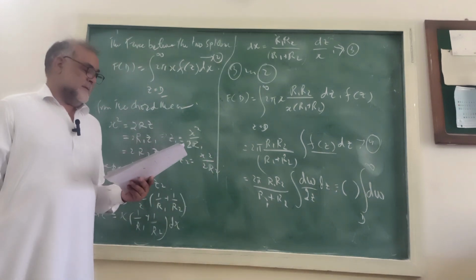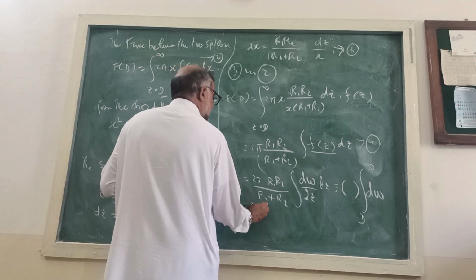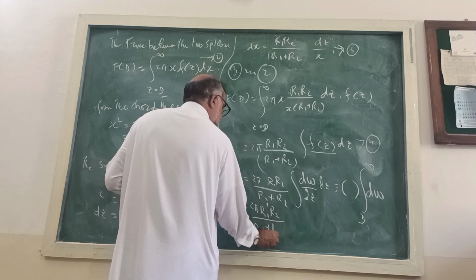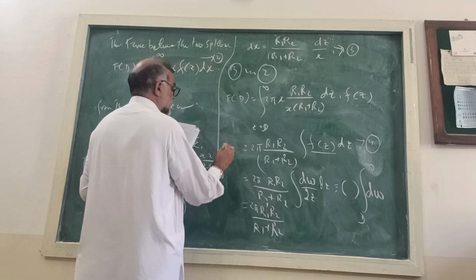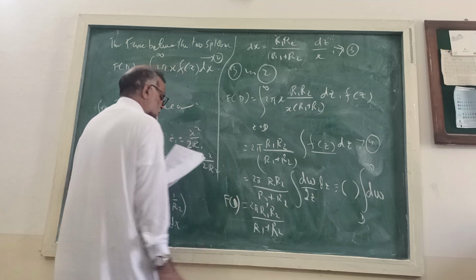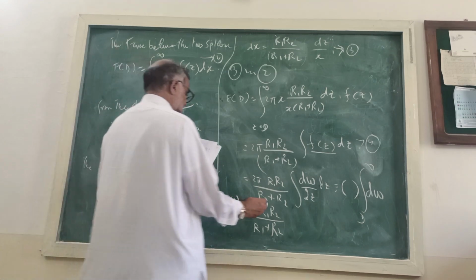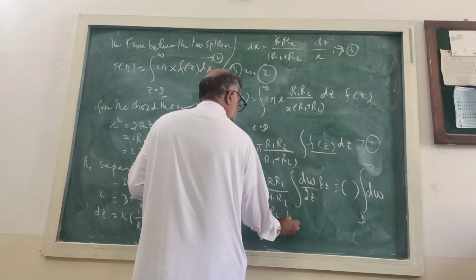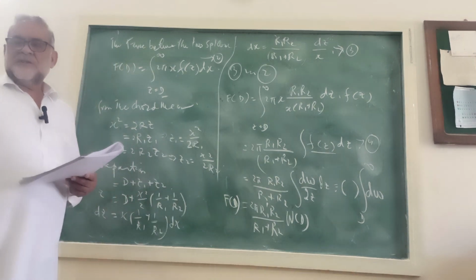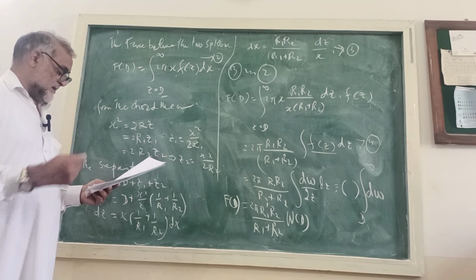And this will be equal to 2 pi r1 r2 divided by r1 plus r2. That is force, right? Force at separation D. And this is the total interaction energy at D.